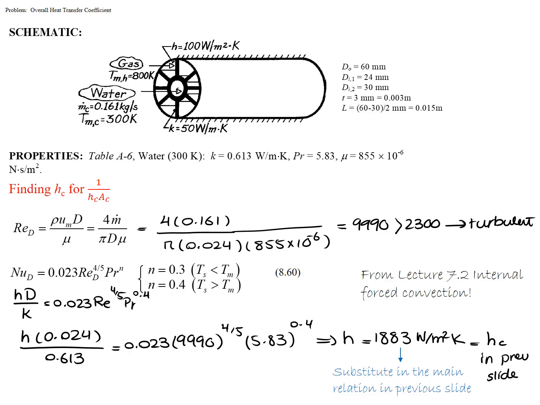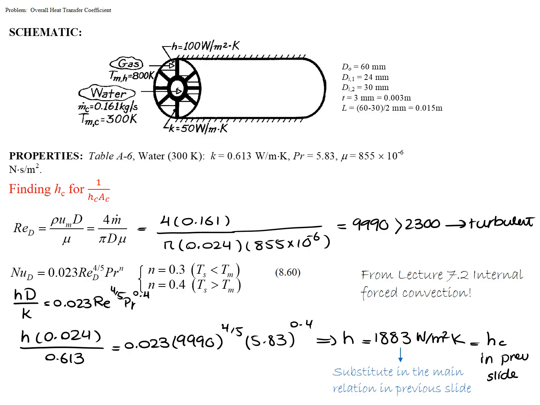So you substitute the diameter and the conductivity of the water as 0.024 and 0.613, and you substitute everything else, the Reynolds and the Prandtl, and you should be able to get H value as 1883 watts per square meter Kelvin. This H value goes into the first relations that I showed you. I told you that I'm going to calculate this H value as 1883, and I'm going to bring it back to calculate my UA, and this is basically how I got that H value.